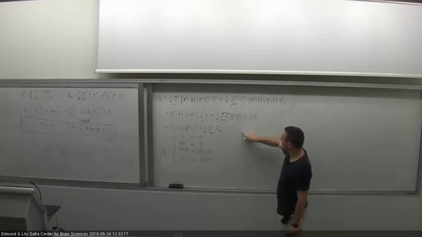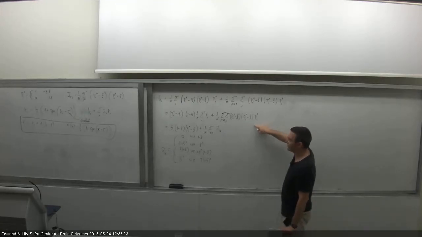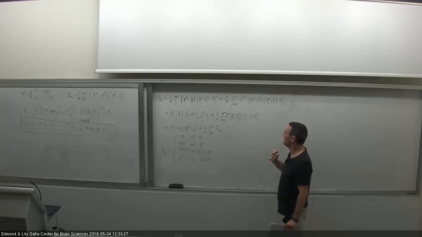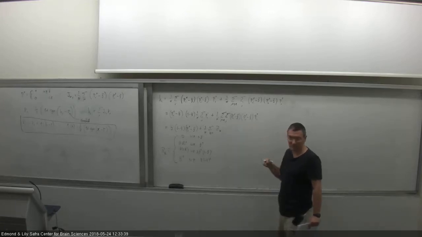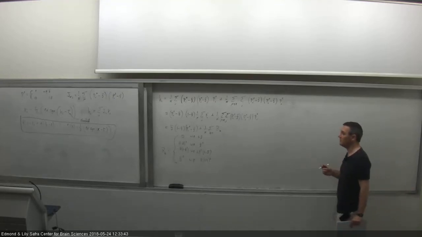Okay, so let's start with the mean. The mean is rather easy. Why is it easy? Just look at this term. Here we have a product of 3 numbers, and the average of each of these is 0, because pi is 1 with probability f and 0 otherwise.